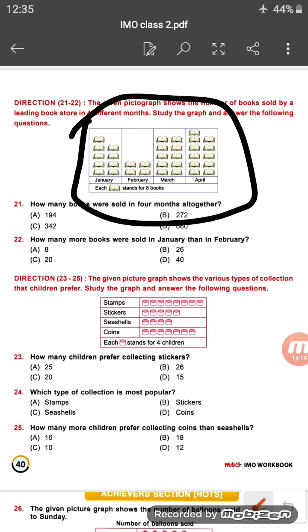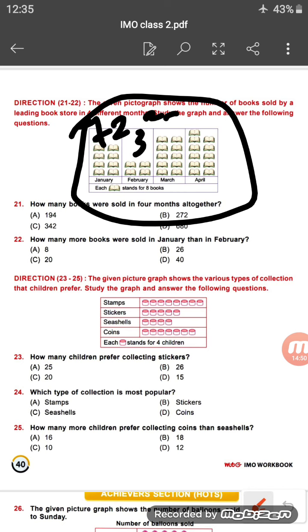If each book stands for 8 books, so in January there are 1 2 3 4 5 6 7 8 and 9. So if one book stands for 8 books, 9 here, so 9 into 8 is 72. February is 32 as only 4 books are there.